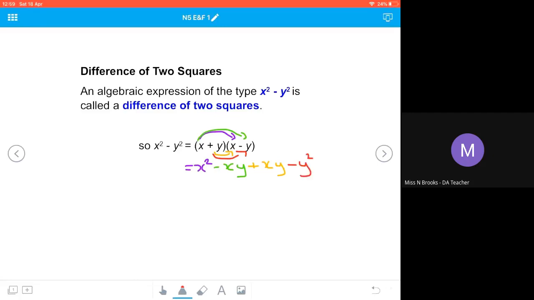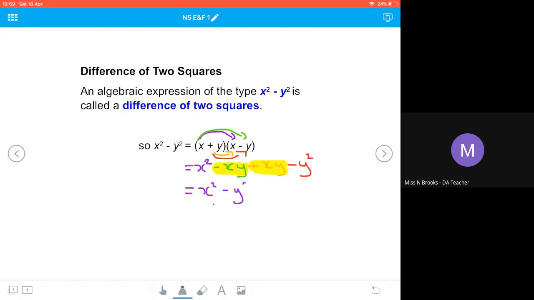Now we've got some like terms which are obvious because we've written them in alphabetical order, and you can see there we've got a negative xy plus an xy, so they cancel each other out. So this gives us our final answer, which is x squared minus y squared.